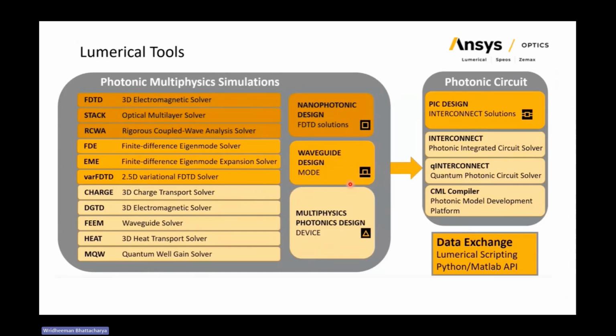FDTD is a 3D solver, whereas varFDTD collapses the 3D into 2D and helps the meshing accuracy, and it reduces the simulation time.